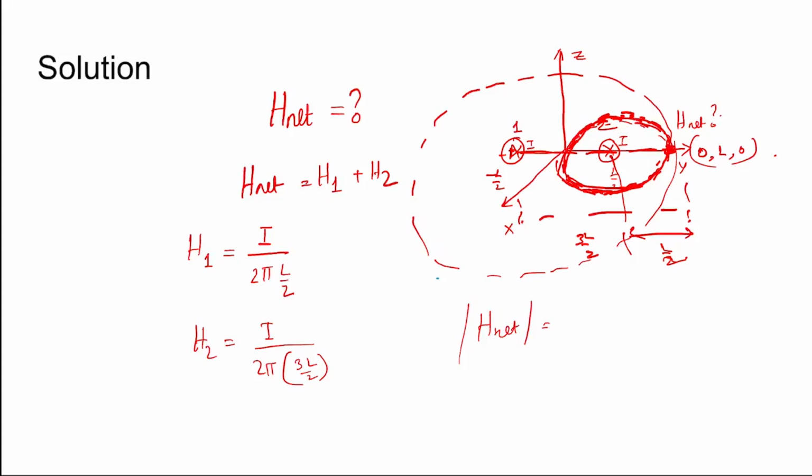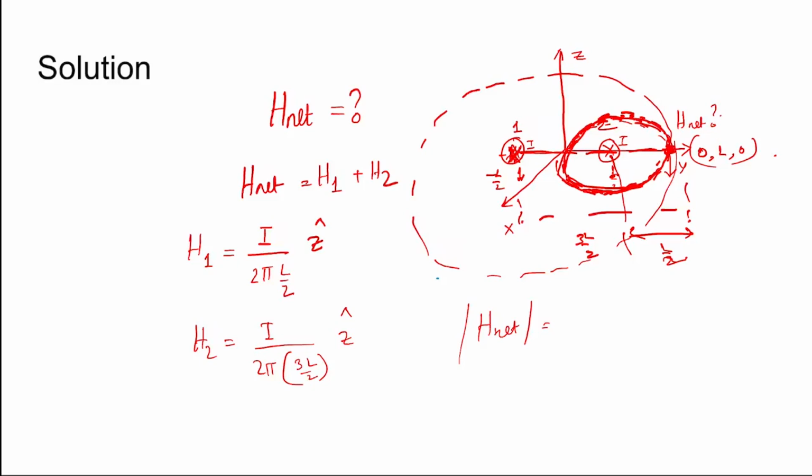So this is in the z cap direction, this is also in the z cap direction. You see, if you place your right thumb in the direction of the current going into the plane, and this point, you will find your fingers curl.